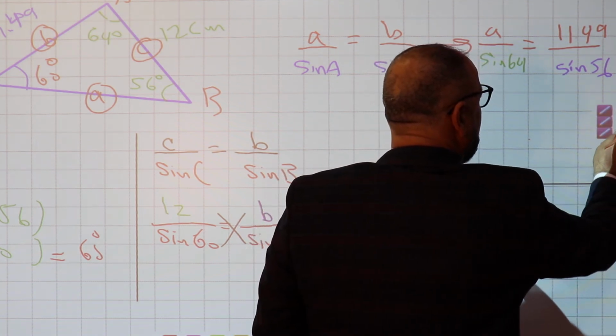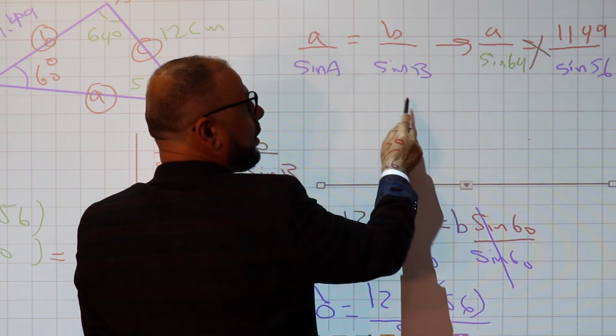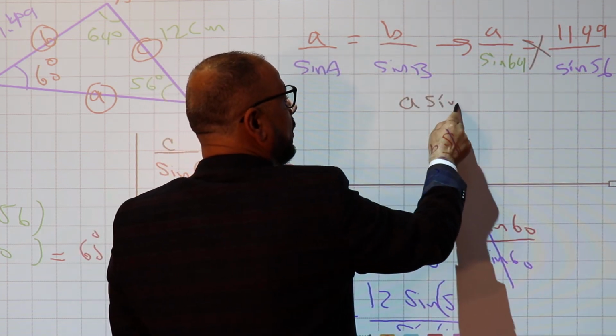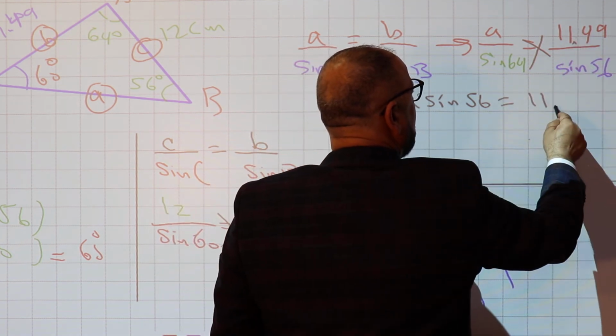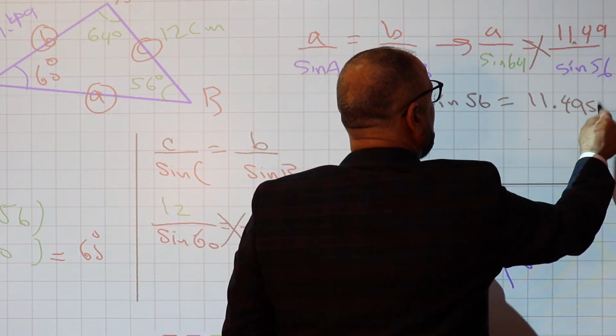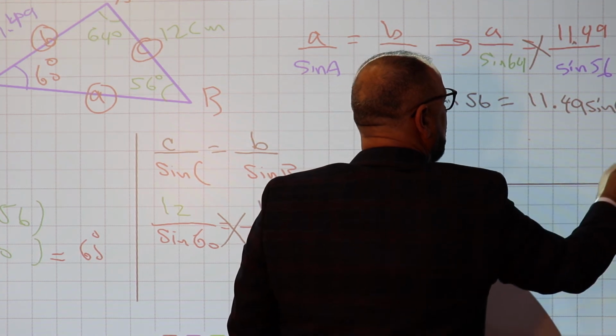Cross multiply: A sine 56 equals 11.49 sine 64.